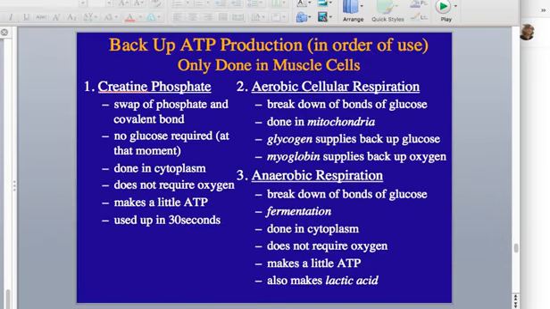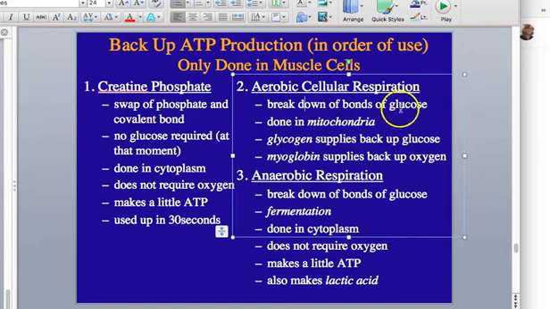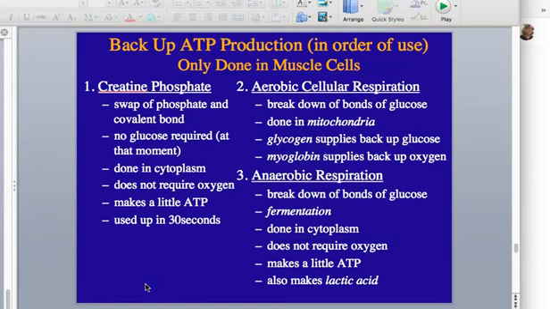Not only that, but our muscles allow anaerobic respiration. Creatine phosphate is like, you don't need any glucose when it happens, whereas in cellular respiration, you have to have glucose. But the nice thing is that there's something called myoglobin. Myoglobin is a particle that exists just in the muscles.